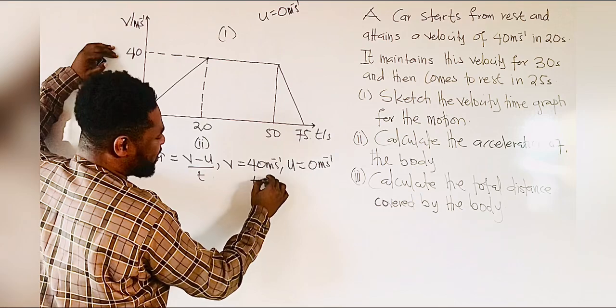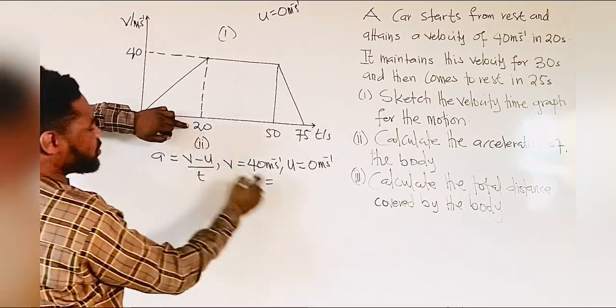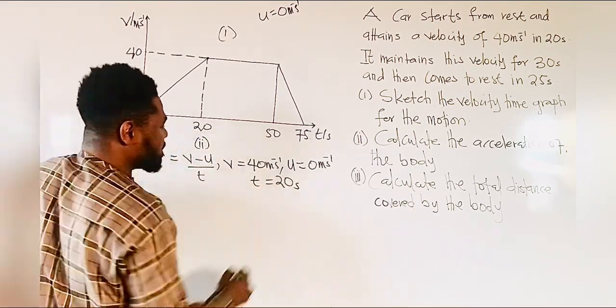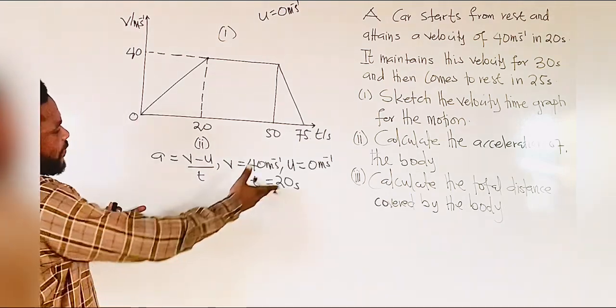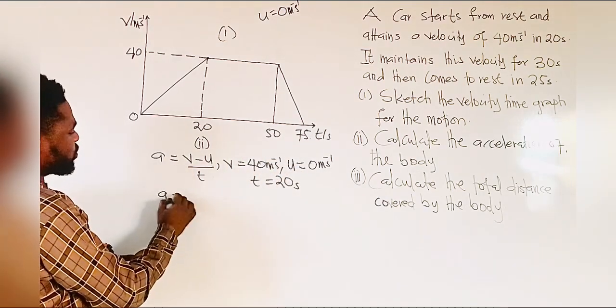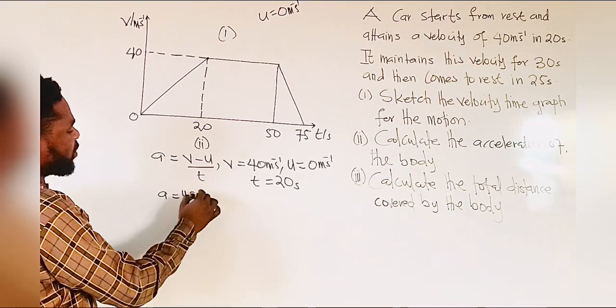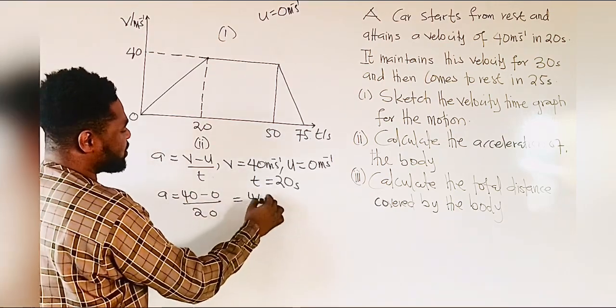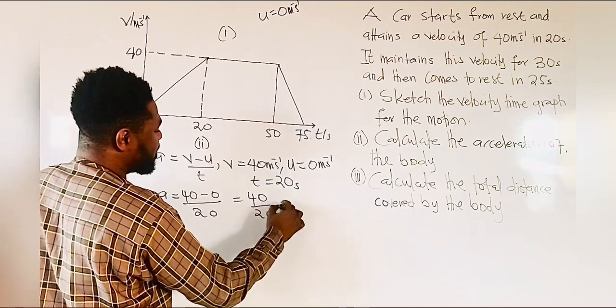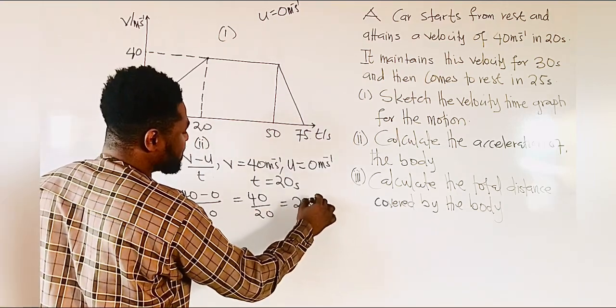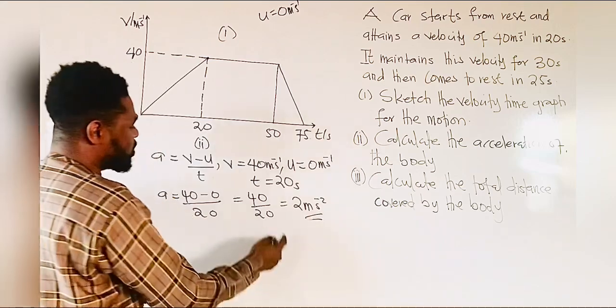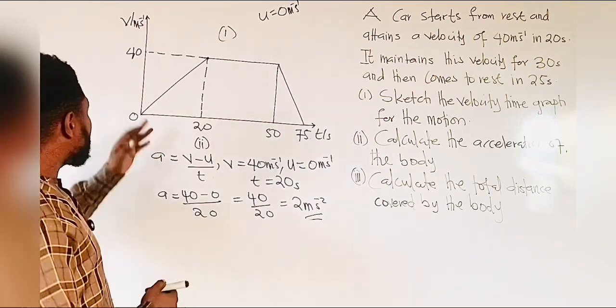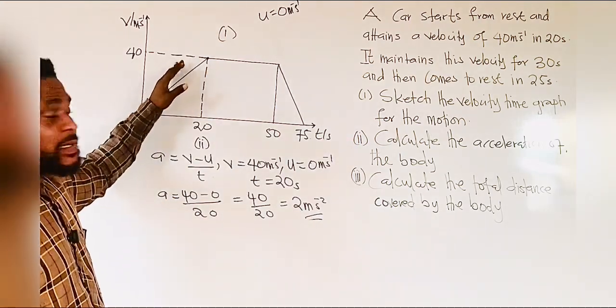And our time for the acceleration is going to be 20 seconds. So we fix these values into the formula: 40 minus 0 all over 20. So 40 divided by 20, and we are going to have 2 meters per second squared. So this is how we can get our initial acceleration.